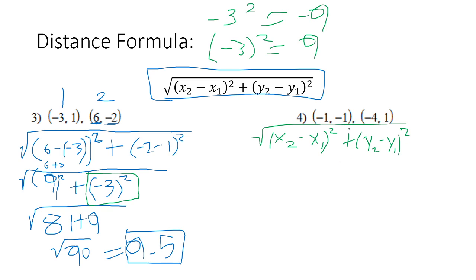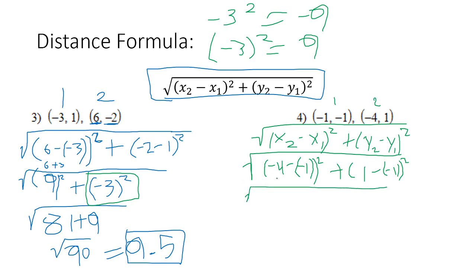So x2, this is going to be my second point. This is going to be my first point. This will be a giant square root. My x2 is negative 4 minus my x1 is negative 1, squared. We're just plugging everything into the formula. y2 is 1 minus y1 is negative 1, squared.